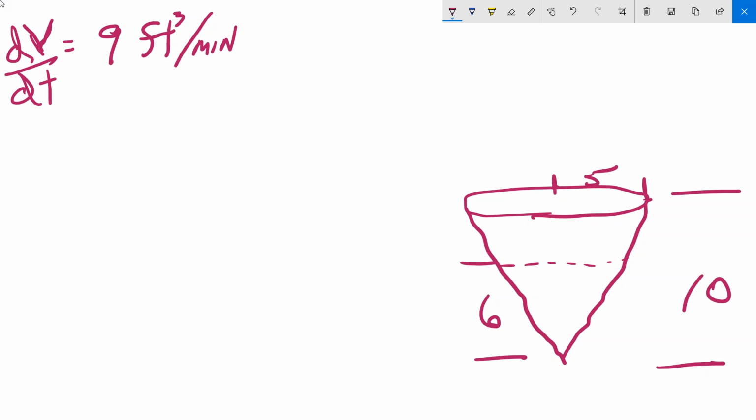Now, let's put our equation in there that governs this situation. All right. Volume equals pi r squared times height divided by 3.